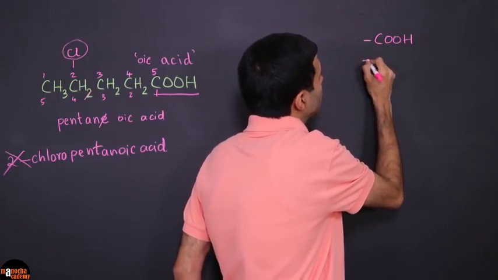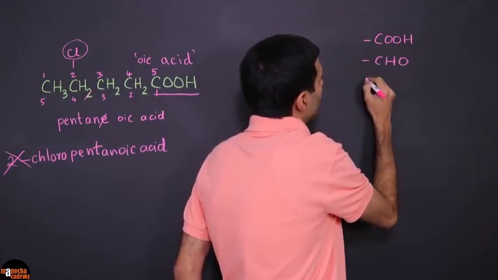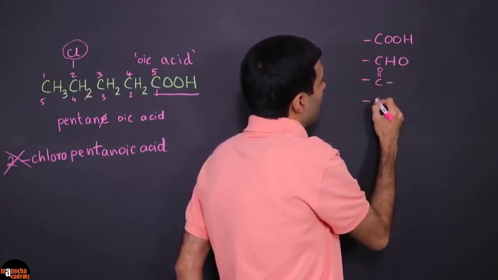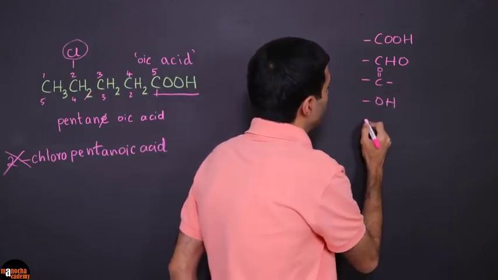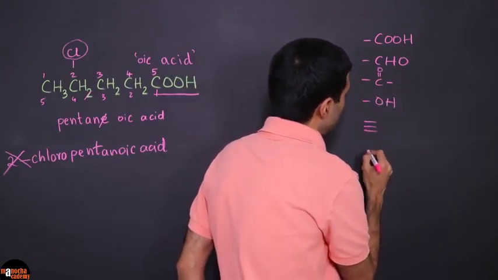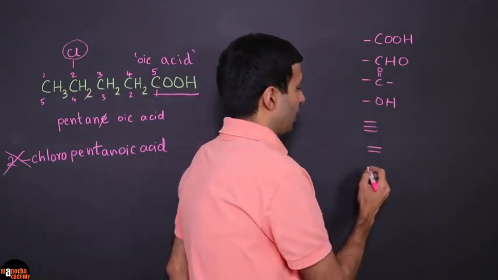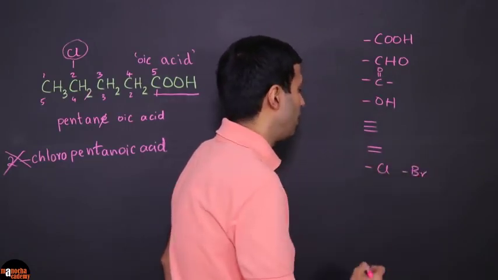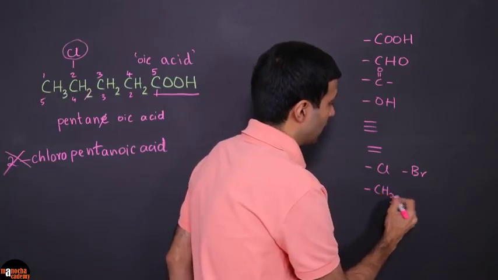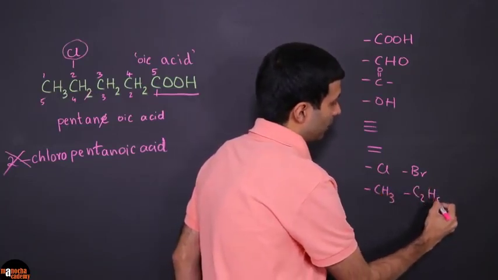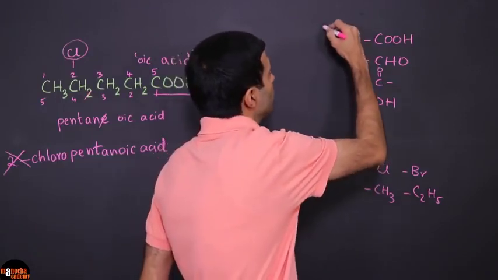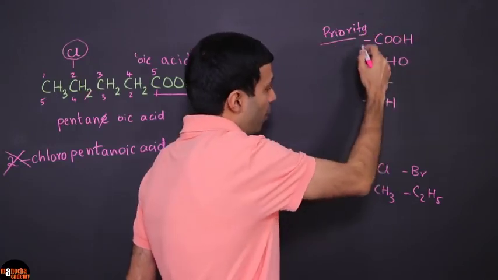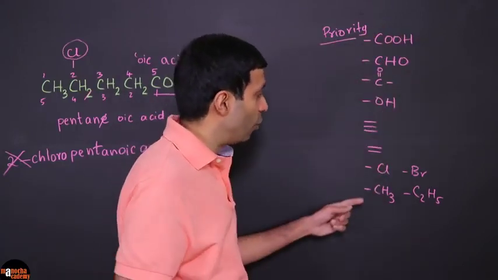Then we have aldehydes, followed by ketones, then alcohols, then you have the triple bond, double bond, and then you have the halogens, so things like chloro, bromo, and then you have the alkyls, so things like methyl, ethyl. So this is our priority list here, and the top ones are at higher priority and this one is at the lowest priority.